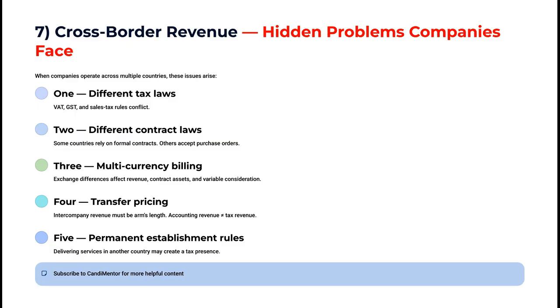Multi-currency billing. Exchange differences affect revenue, contract assets, and variable consideration. 4. Transfer pricing. Intercompany revenue must be arm's length. Accounting revenue doesn't equal tax revenue. 5. Permanent establishment rules. Delivering services in another country may create a tax presence.